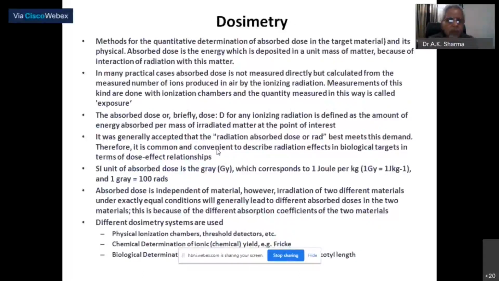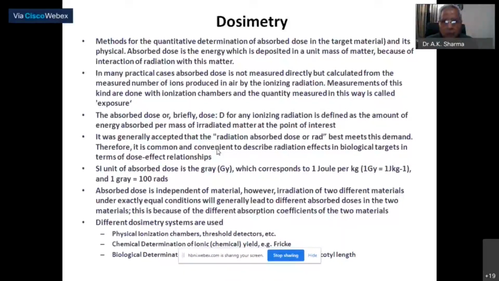Now, once we know the kind of radiation that we are dealing with as a mutagenizing agent, because we have to make a choice, like which mutagenic agent, which ionizing radiation we have to use, depending on the type of tissue that we are going to use and the characteristics of the ionizing radiation that we know. On that basis, we make our selection.